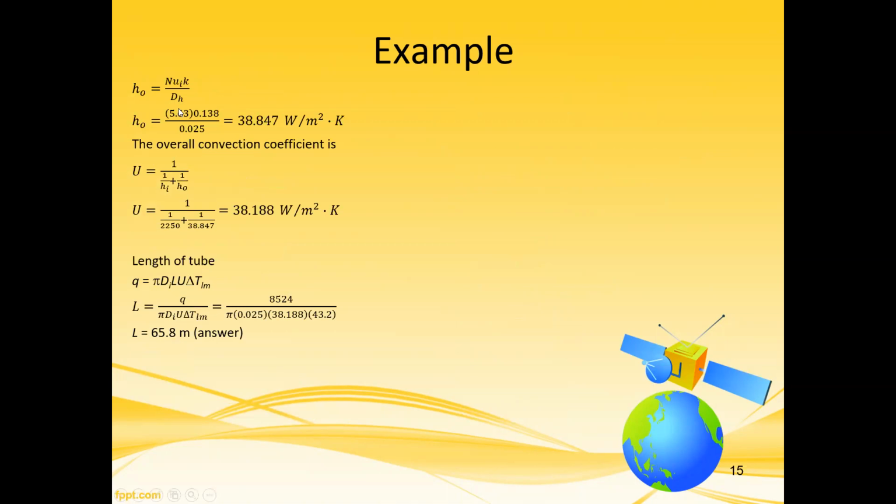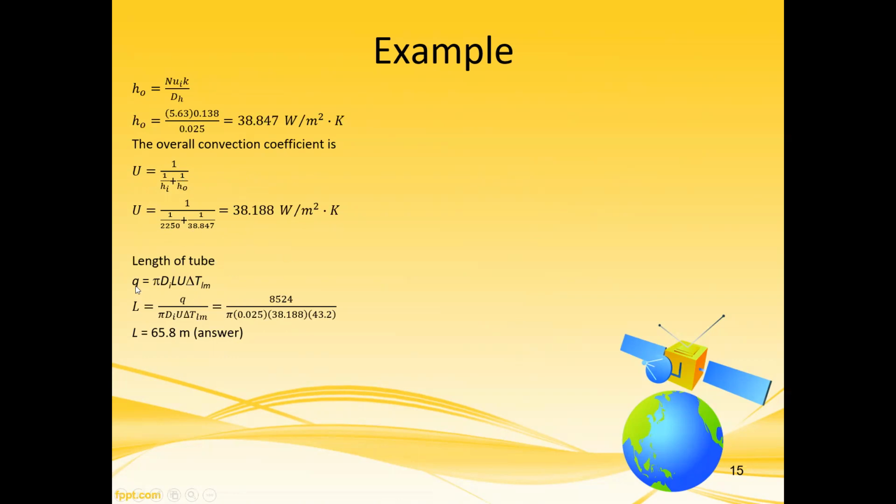So h_o is equal to Nu_i k over D_h, which is 5.63 times 0.138 over 0.02, equal to 38.847 watts per square meter Kelvin. Now the overall coefficient of heat transfer: 1 over U is equal to 1 over 1 over h_i plus 1 over h_o, equal to 1 over 1 over 2250 plus 1 over 38.847, which is 38.188 watts per square meter Kelvin.